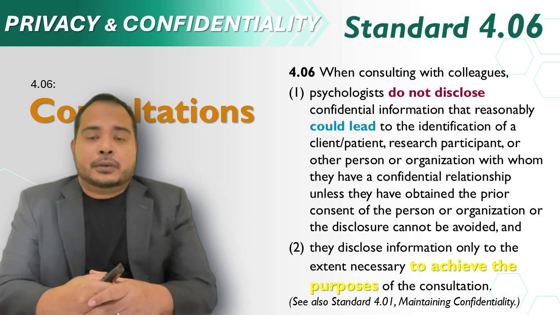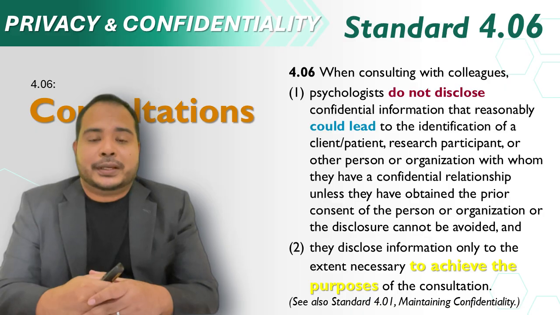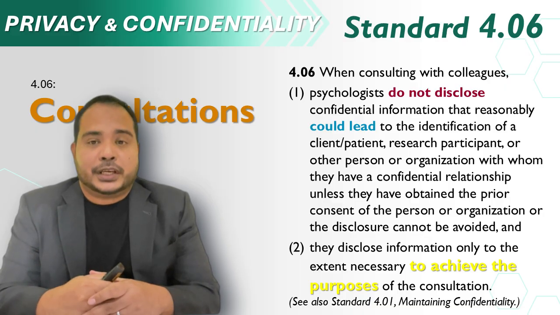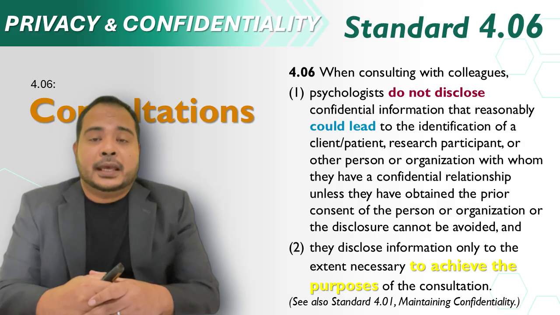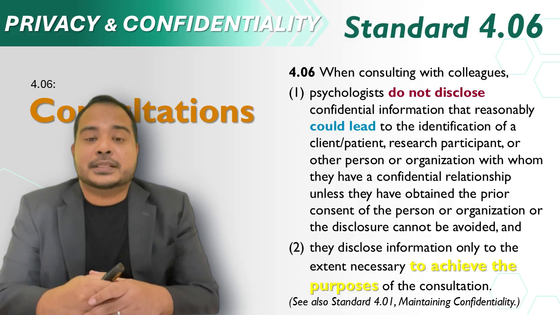And then we must use secure data transmission when we use electronic communication platforms. This is to ensure that the information is not leaked to another party. We should also verify the qualifications of the other consultants, the person that we are consulting.